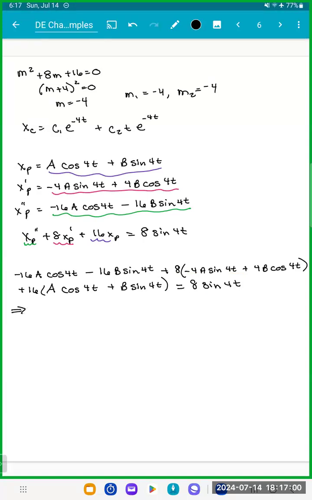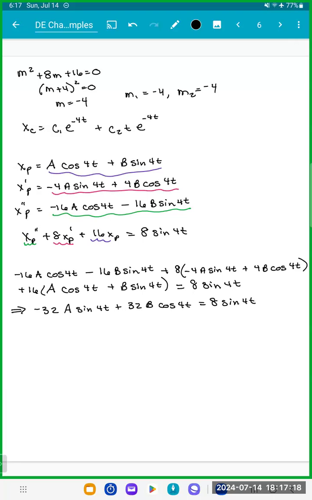So what that gives us then is this -32a sine of 4t plus 32b cosine of 4t is equal to 8 sine of 4t.